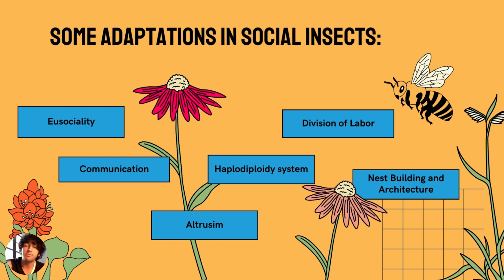They bring food and they protect the colony. And we also have nest building and architecture, and I just invite you all to go and look at all the amazing stuff that the bees do. It's just beautiful, and I can't really comprehend how they do that. It's just amazing.